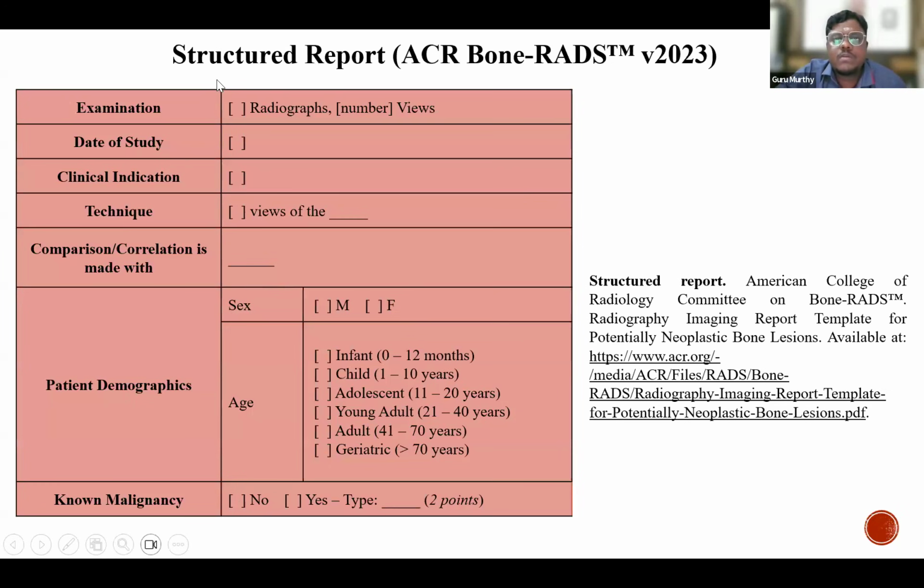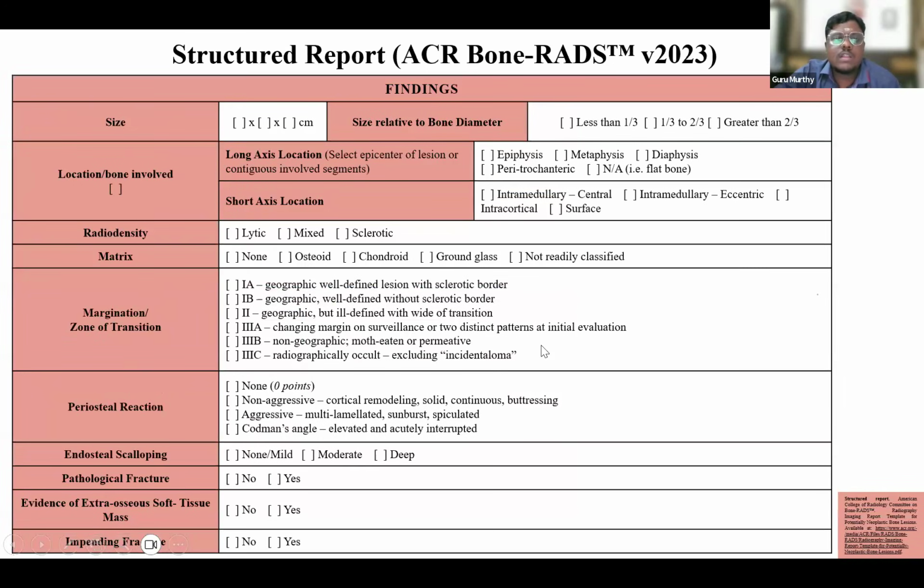This is a structured report from the ACR Bone-RADS criteria. Whatever we discussed with the mnemonic is covered in the reporting template. We can see the technique, patient demographics, age, and whether a known case of malignancy or not. Then coming to the findings: location of the bone, short axis and long axis, that is longitudinal and transverse location. Then you comment on the density.